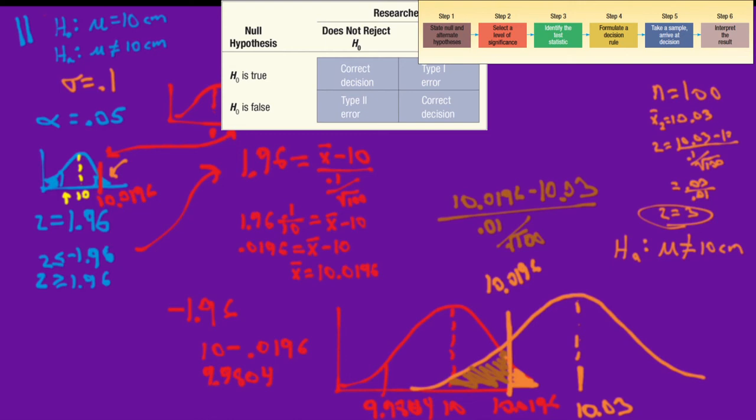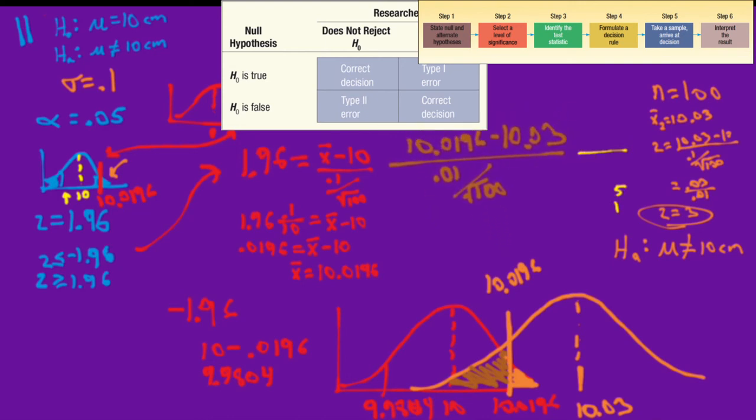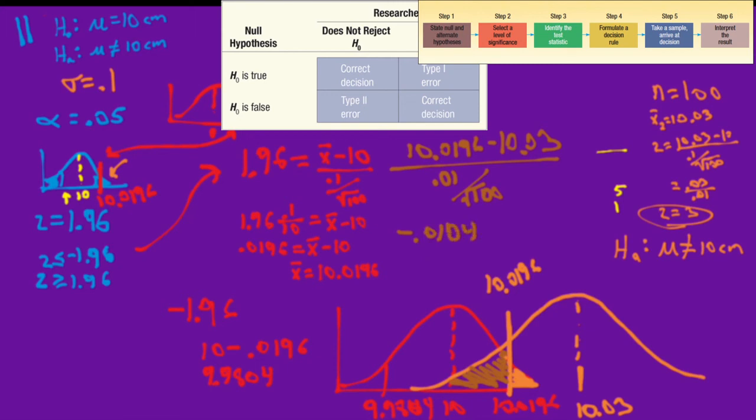We get negative 0.0104 over, I have an error here, so this is 0.1.